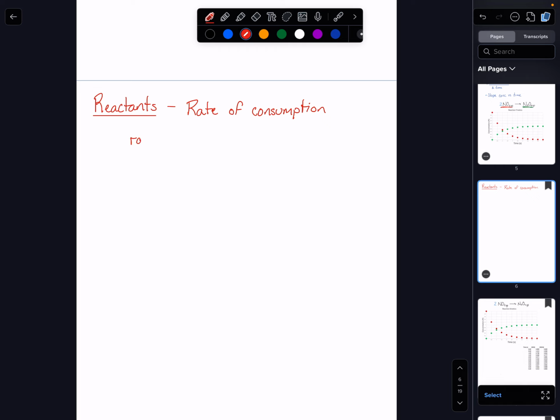That would be equal to the change in the concentration of your reactant divided by the change in time. We call it the rate of consumption when it's our reactant because reactants are being consumed.